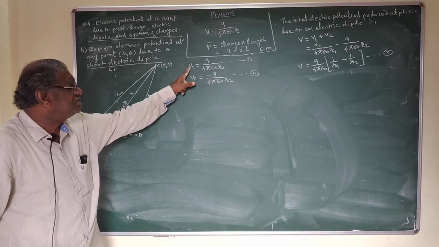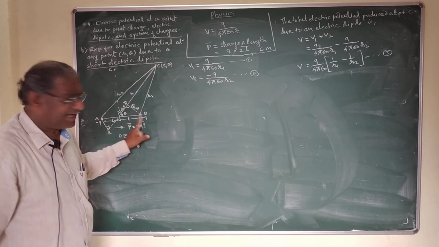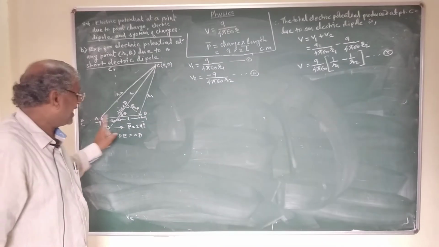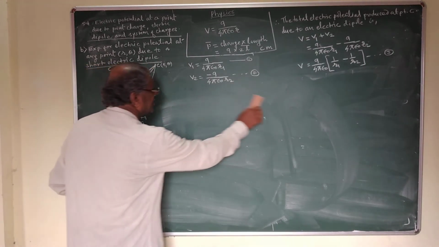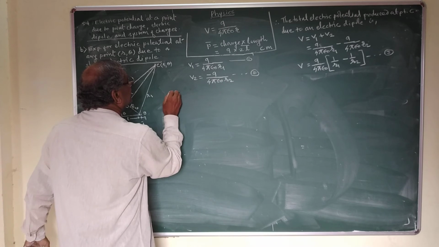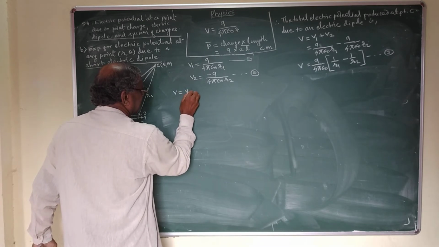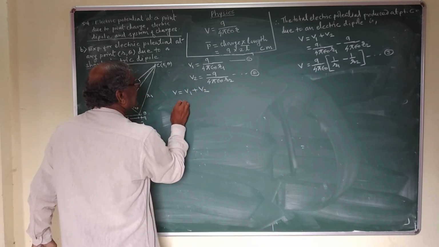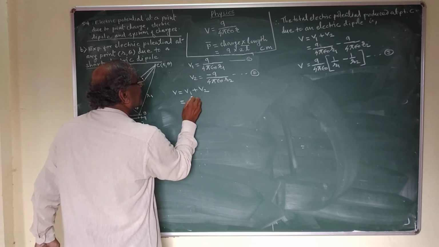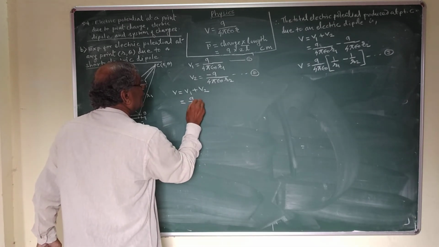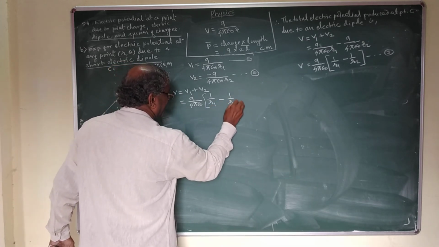These are the individual electric potentials produced at point C due to plus Q charge and minus Q charge at B and A. Therefore, total electric potential produced at point C is given by V is equal to the sum of these two potentials, V1 plus V2, is equal to Q upon 4 pi epsilon 0 in bracket 1 upon R1 minus 1 upon R2.